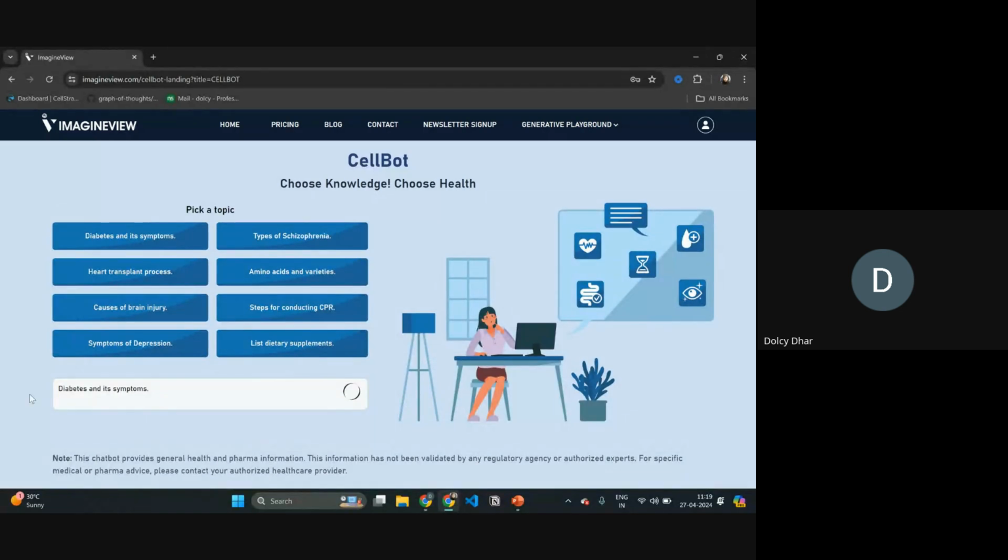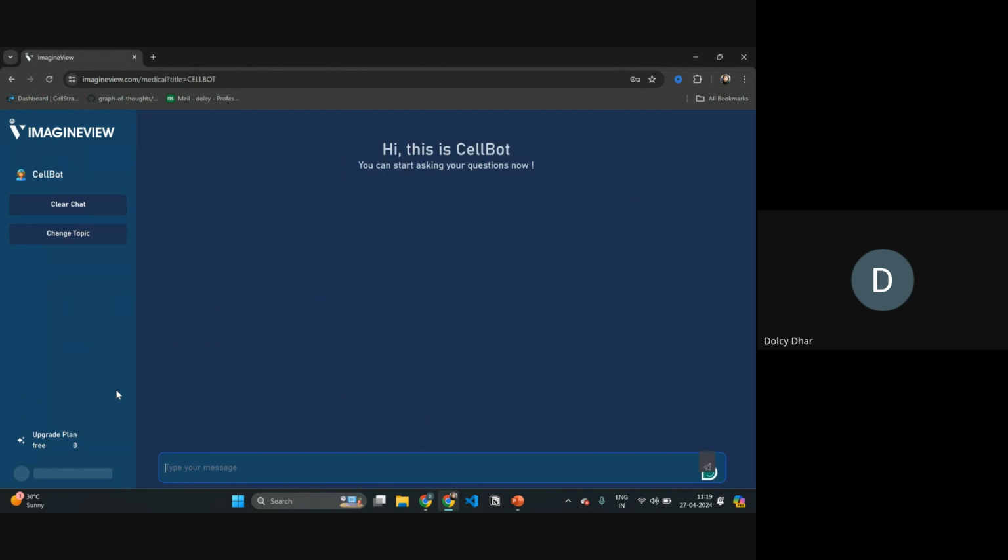So now my bot on the back end will go to PubMed, and depending on this query, which we have formatted in the backend, the bot will pull the top 100 research papers from PubMed. For now, we have kept it to that limit because of latency issues.